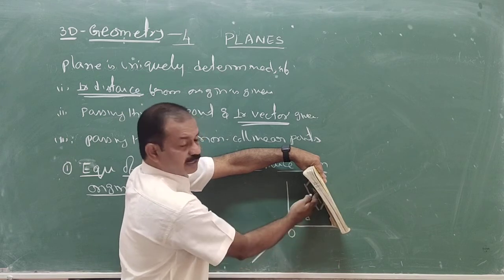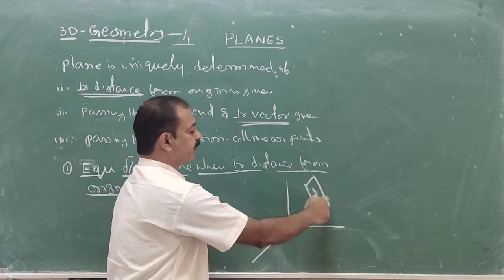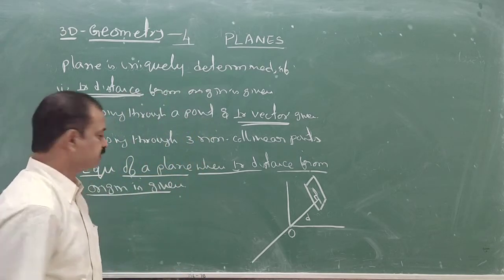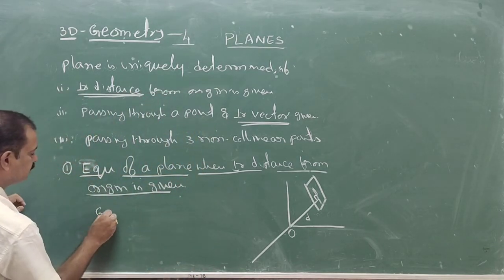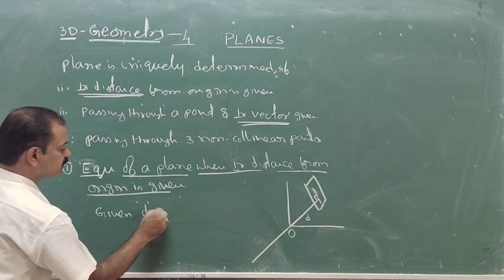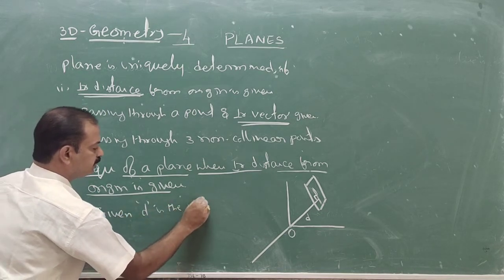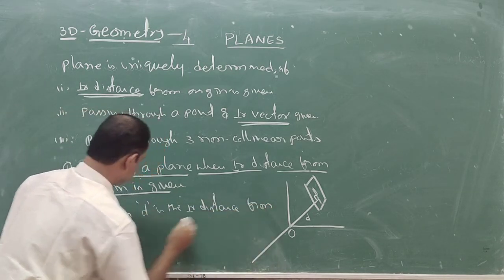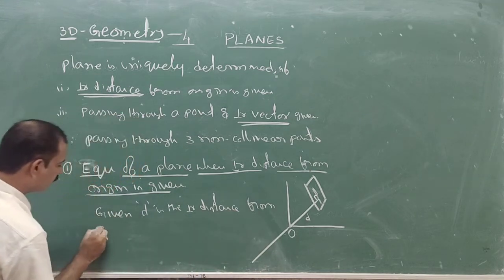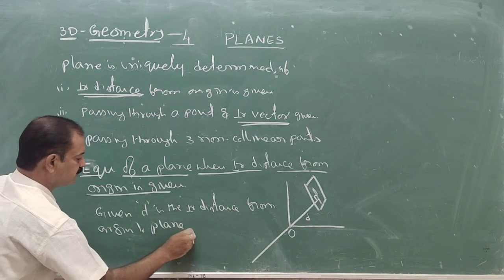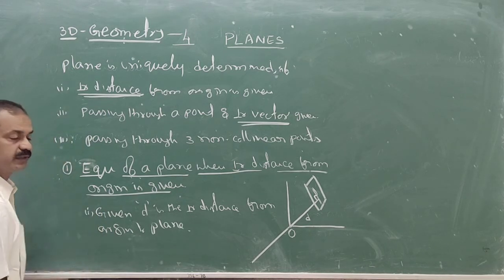So how do you find the equation of a plane? Given d, the perpendicular distance from the origin to the plane. This is the first point.